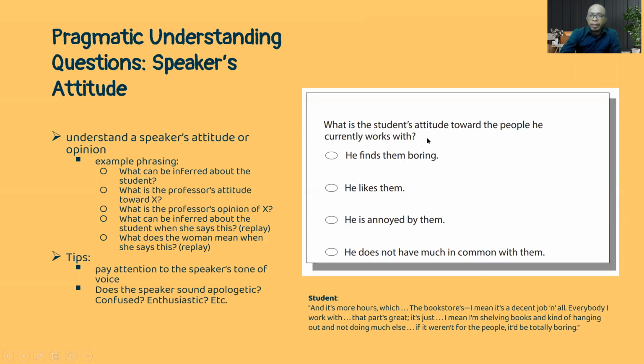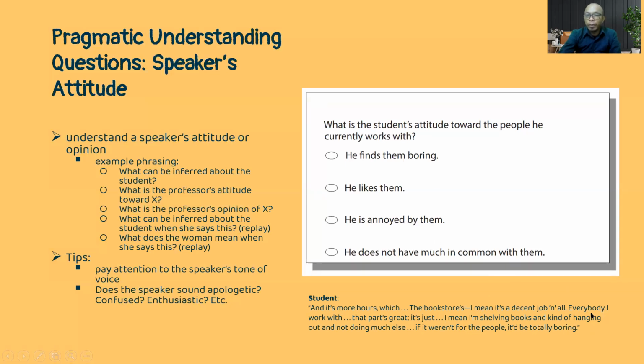Okay, now in this example over here, imagine that the student is saying this: It's more hours, which bookstores, I mean, it's a decent job and all. Everybody I work with, that part's great. It's just, I mean, I'm selling books and kind of hanging out and not doing much else. If it weren't for the people, it'd be totally boring. So you see, this last sentence gives the answer for this question.